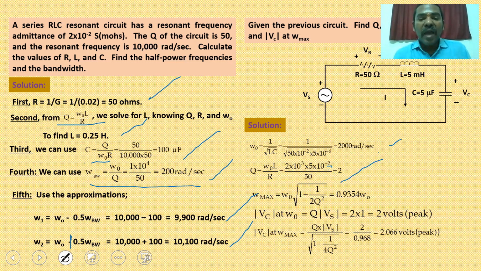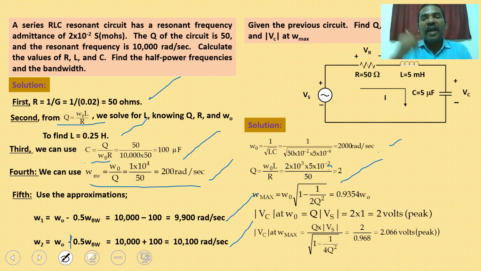Now we are calculating the maximum frequency. That is omega naught root of 1 minus 1 by 2 Q square. This is the equation you get for an RLC series circuit.